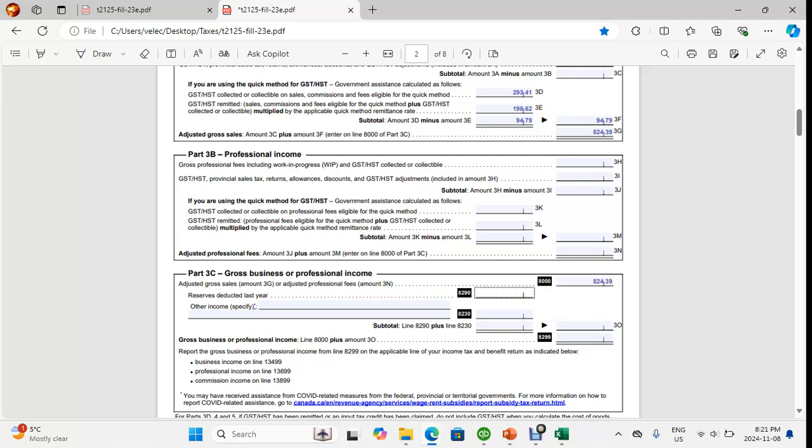Next you have reserves. Anytime you make a sale, if you receive payment for that sale over a period of time, let's say a couple of years, let's say you get paid in installments rather than a lump sum payment, rather than a single payment, you will need to declare the income that you earned or received from your sale last year.